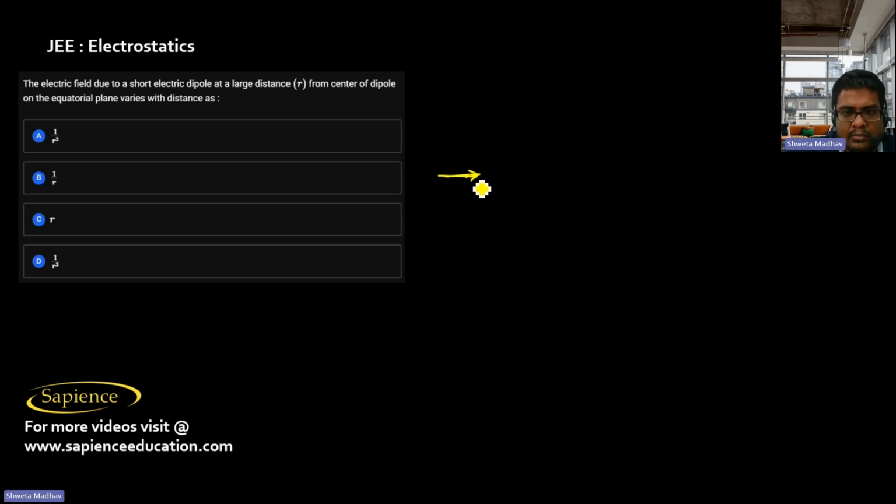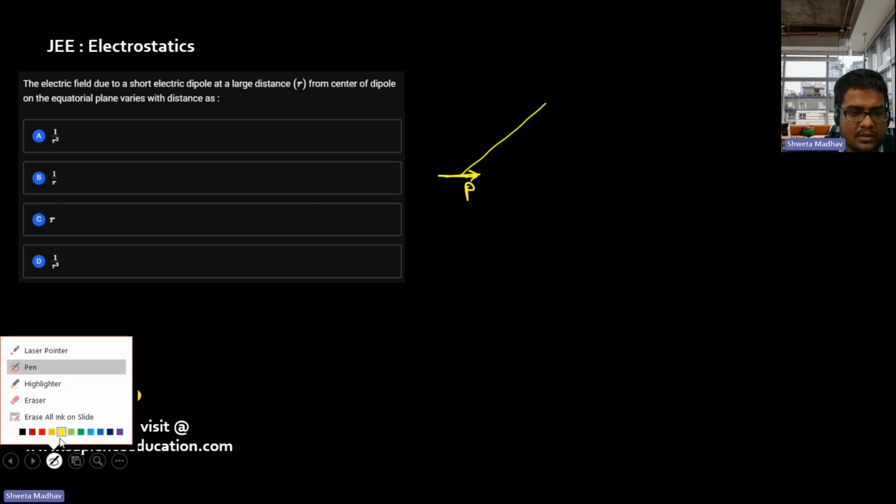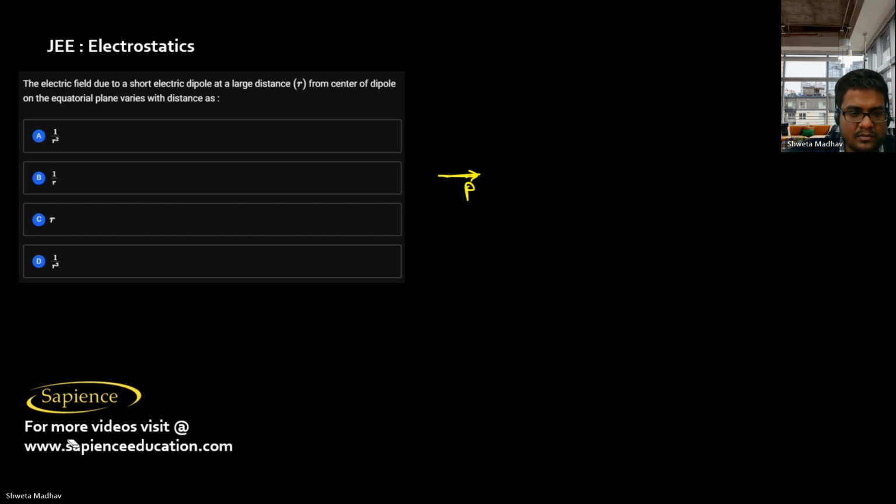So one short dipole is there, at a distance r on the equatorial plane, the electric field that is given as minus kp by r cubed.